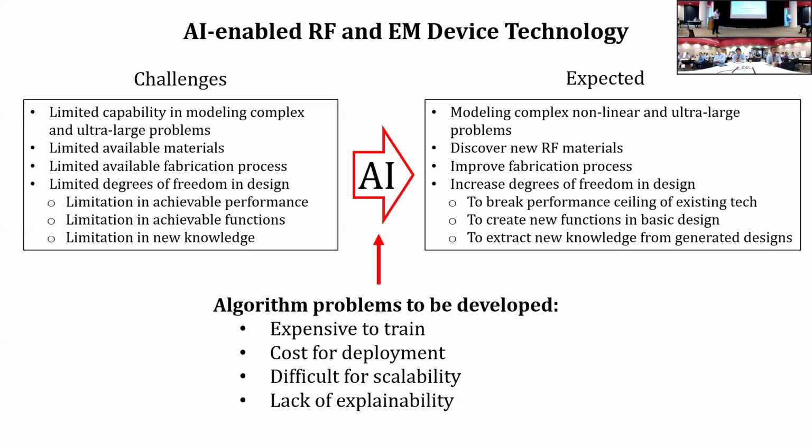Another one is the cost of deployment, the difficulty of scalability, and the lack of explanation ability. Sometimes AI is like a black box: we know the input and output, but it is very difficult to explain what happened, especially for generative design. This is very challenging. Even now, nobody knows what happens inside an LLM, a large language model.